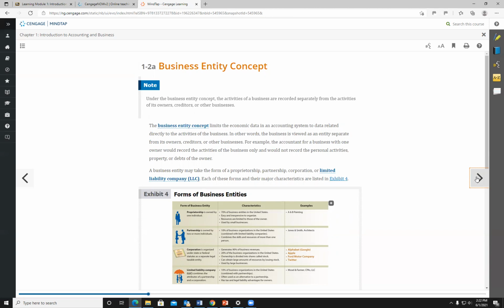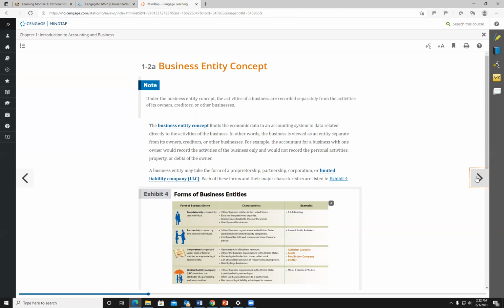So if the owner buys a building and that building is for personal use, it would not be recorded in the accounting transactions for the business. Only if that building that the owner purchased is going to be used for the business would it then be recorded in the business's accounting transactions.